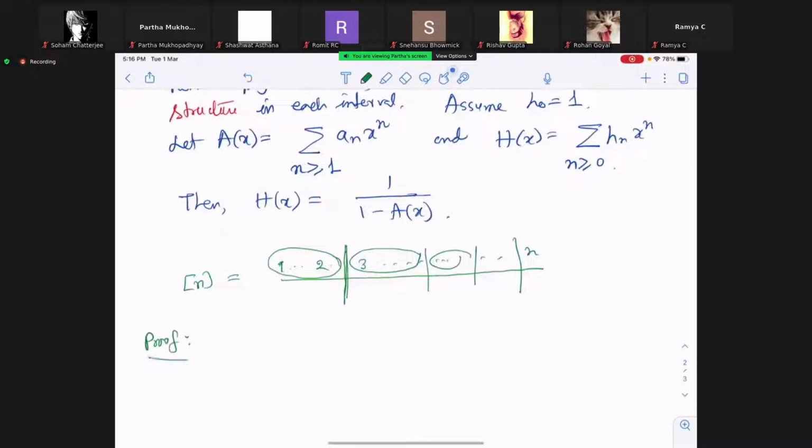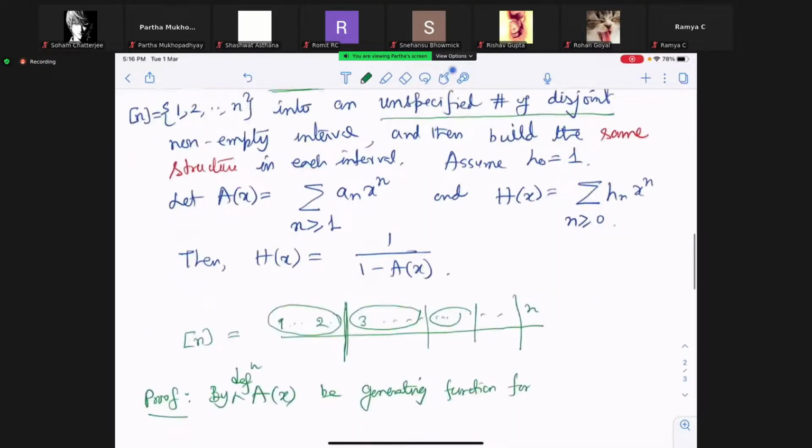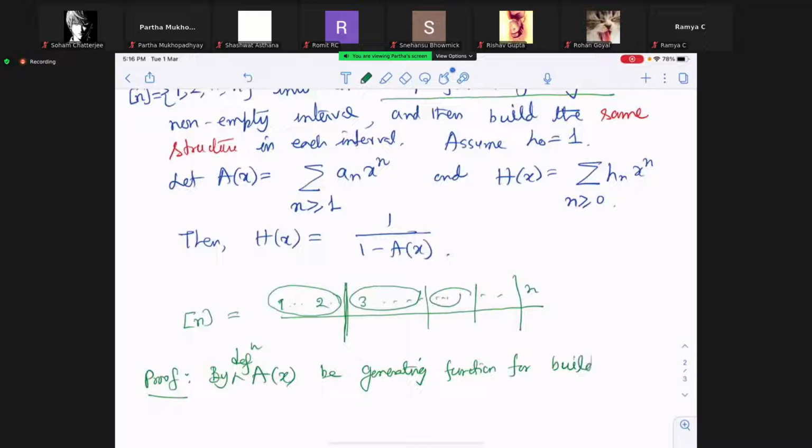It's kind of obvious. A(x) is, by definition, the generating function for building the structure over any subinterval.